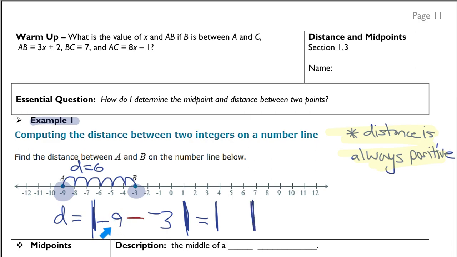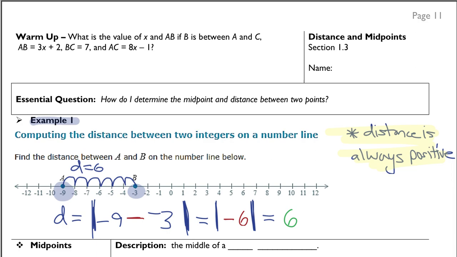So -9 minus a negative, which turns into adding 3. So -9 plus 3 gives us a -6. So this turns into -6, which those absolute value symbols actually turn it to be +6. So again, these symbols say turn it positive, which is why it's always positive.